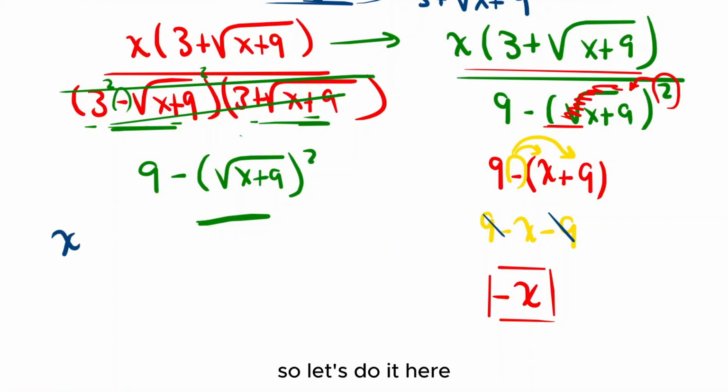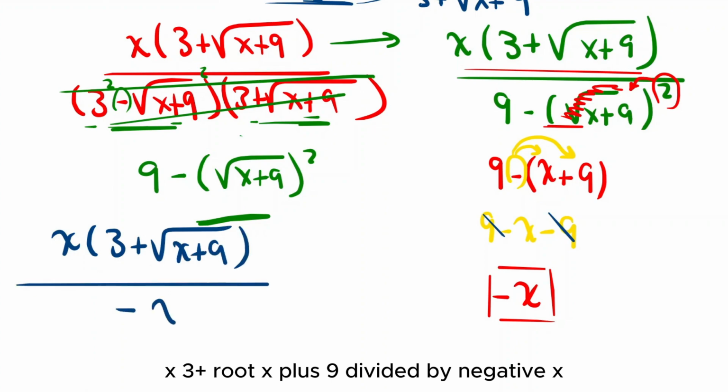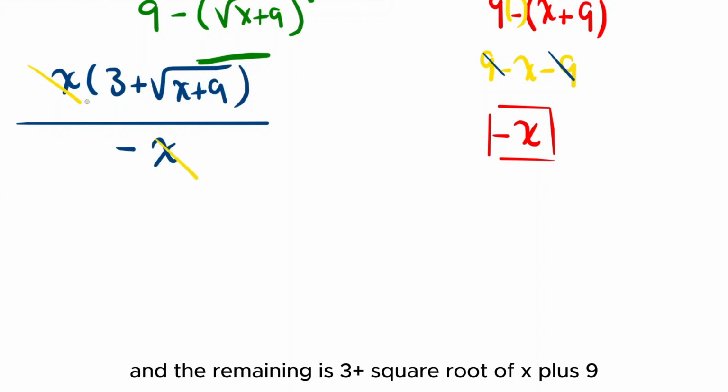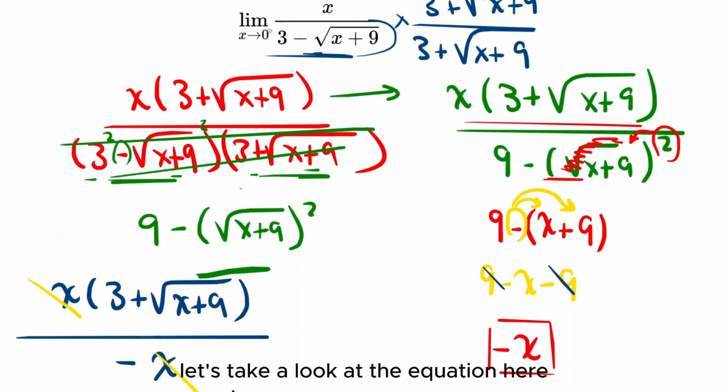So let's do it here. 3 plus root x plus 9 divided by negative x. And you can just cancel the x, and the remaining is 3 plus square root of x plus 9 divided by negative 1.